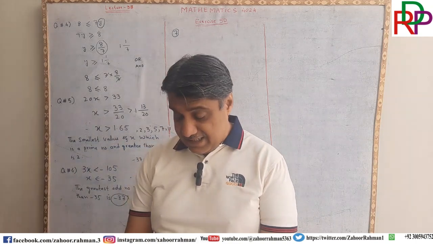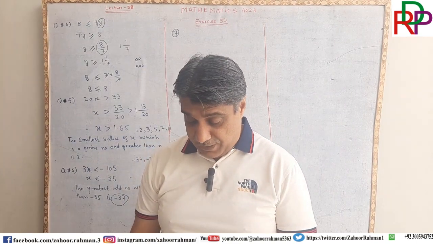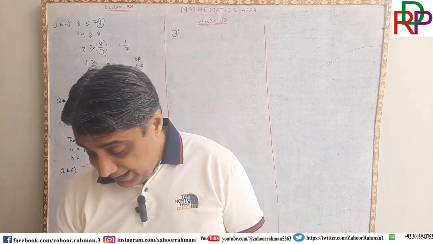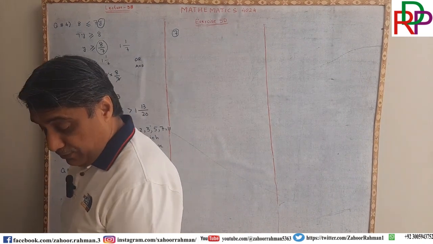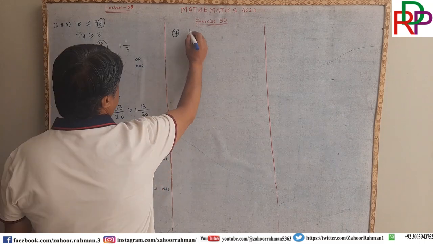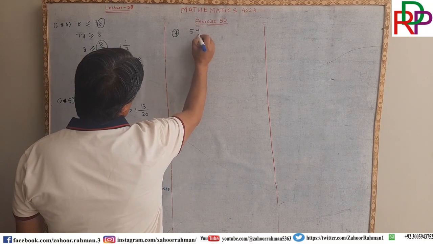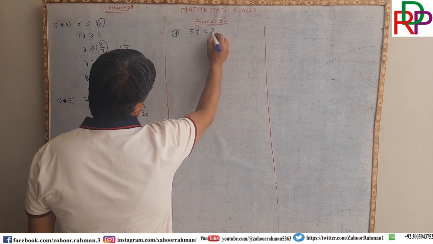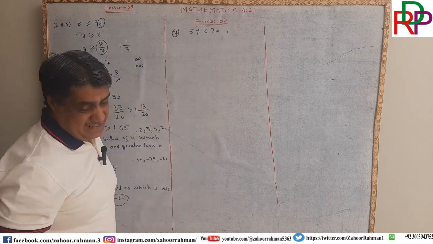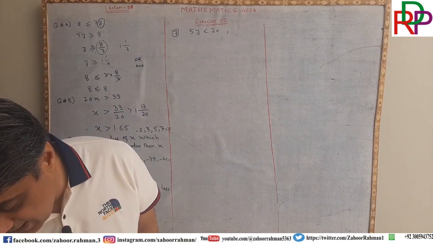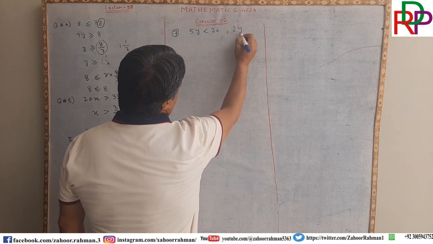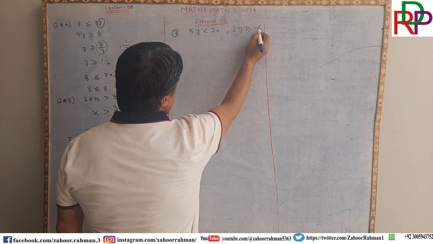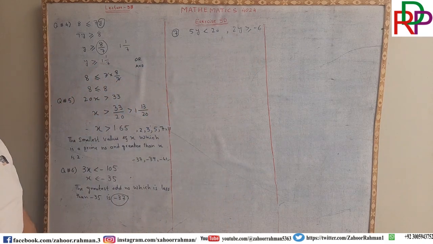If y is an integer, we have to find it, and it satisfied the inequalities 5y is less than 20, and the second one they gave to us is 2y is greater than or equal to minus 6.